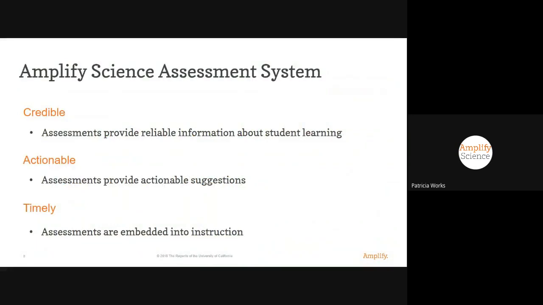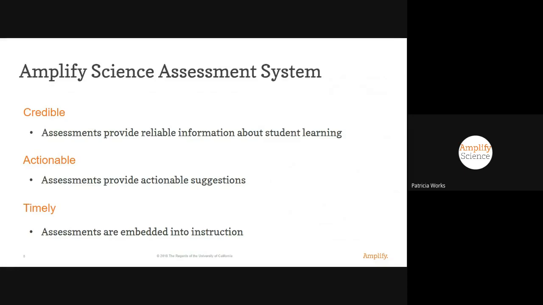So here's the assessment approach. Assessments are designed to provide credible information about student understanding of science concepts or about their dexterity with practices, cross-cutting concepts, or reading comprehension strategies. Assessments are actionable by providing specific suggestions for supplementing instruction based on the information uncovered.